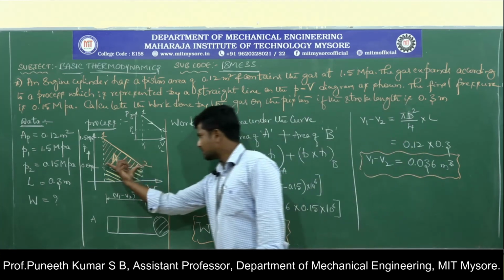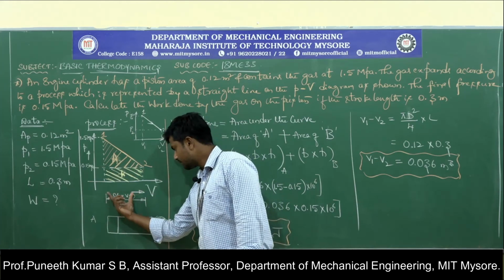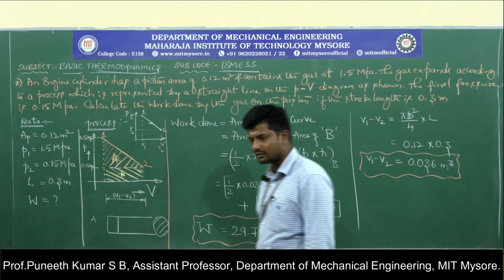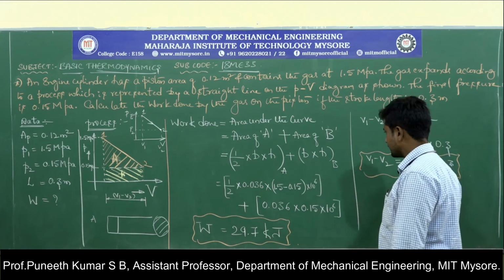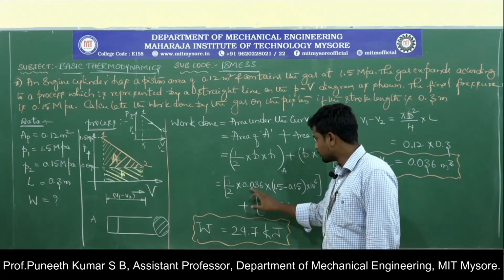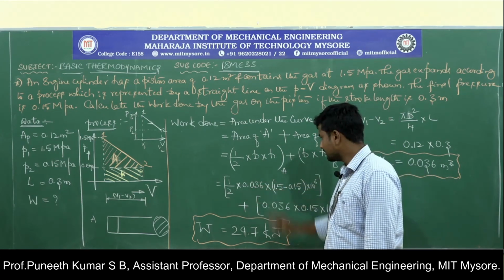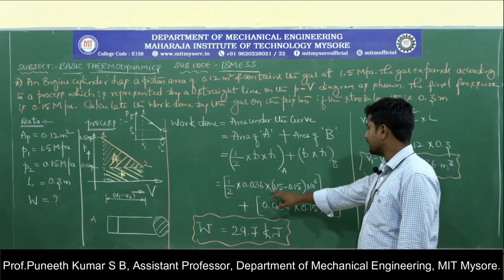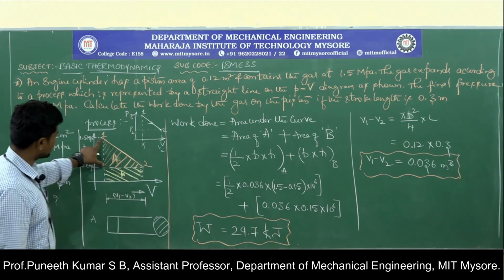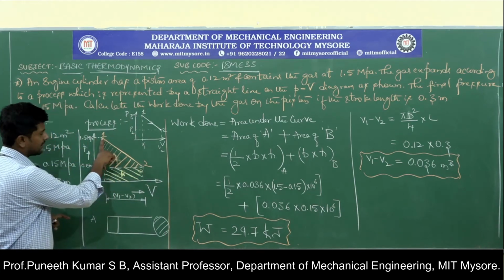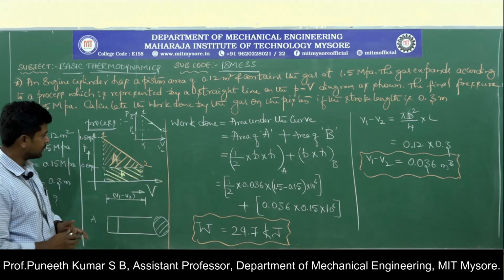This is the breadth of the triangle, the difference between the initial volume and final volume, which is the swept volume we have already extracted. So, we have substituted 0.036 meter cube into height. The height of the triangle is the difference in initial and final pressure.